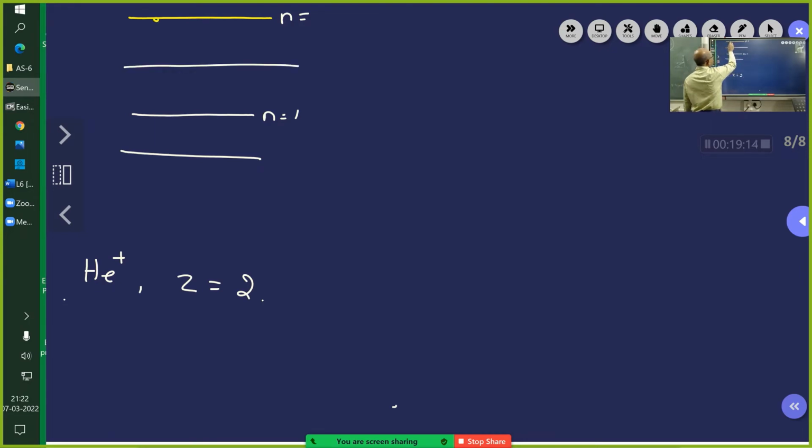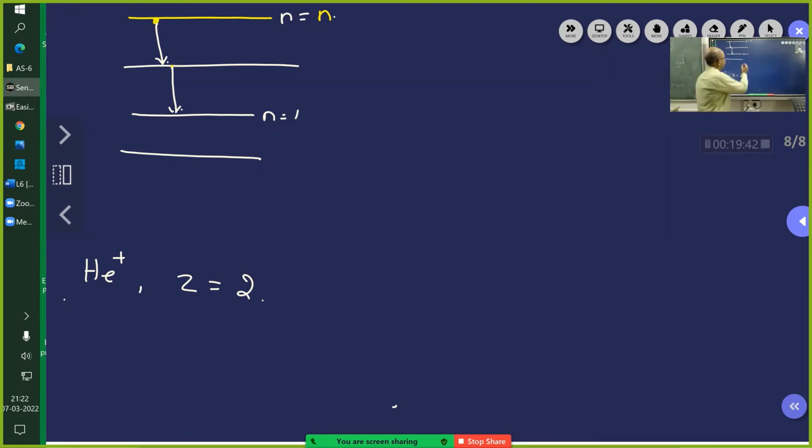The electron would fall from this level n to another level, and because they are successive transitions, from that level it will fall to the ground state.